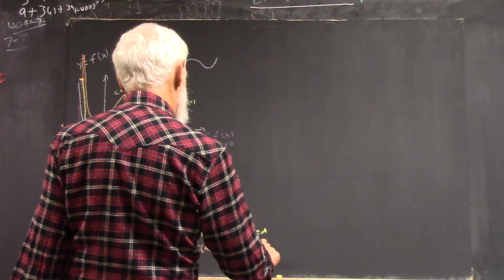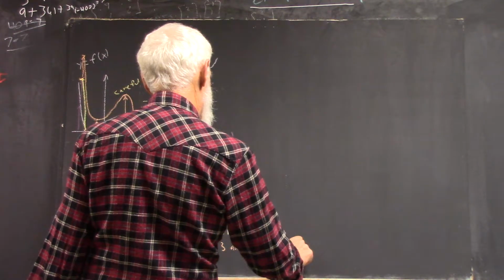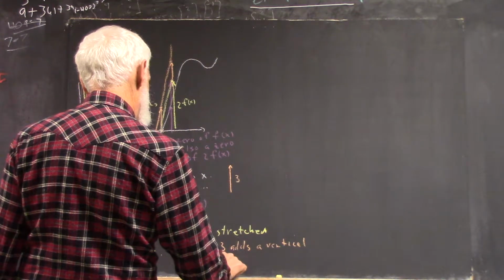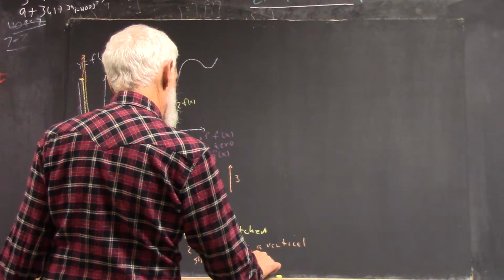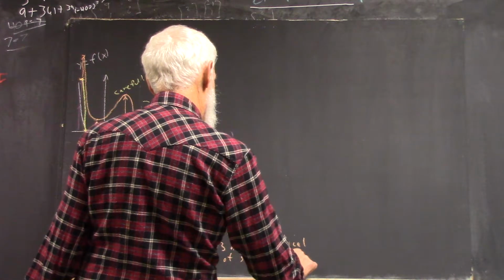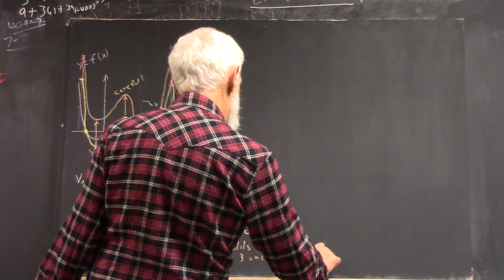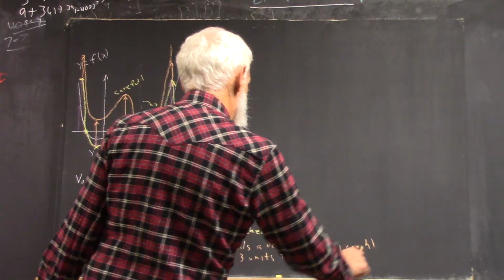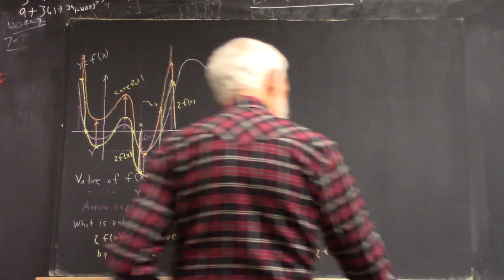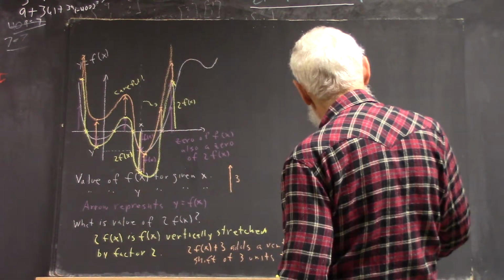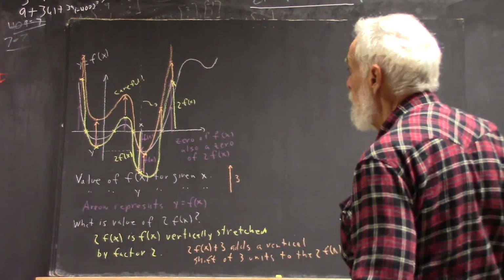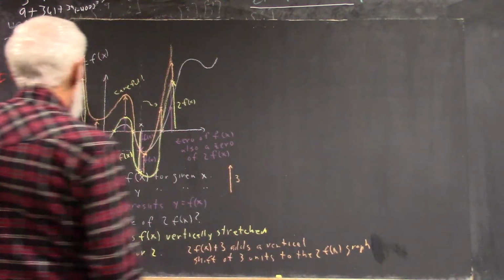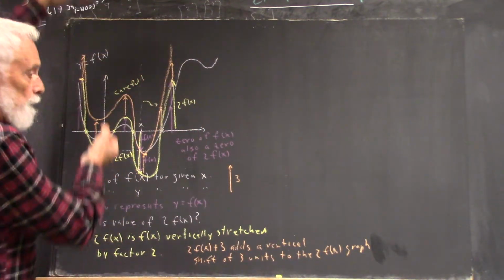And we call that a vertical shift of 3 units to the 2f(x) graph. So we started with the white graph, we stretched it, and then we raised it up 3 units.